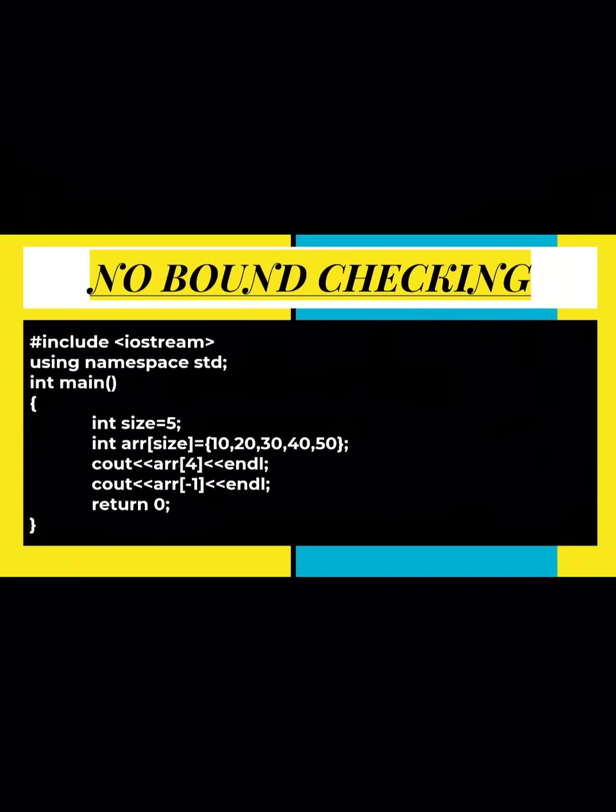For example, in this case, the coding int arr[5] = {10, 20, 30, 40, 50} indicates that the values 10 to 50 are stored in arr[0] to arr[4]. As you can see, when we cout arr[4] endl, the value 50 is shown in the program. However, when we cout arr[-1], a value 0 is shown. So what does this mean?